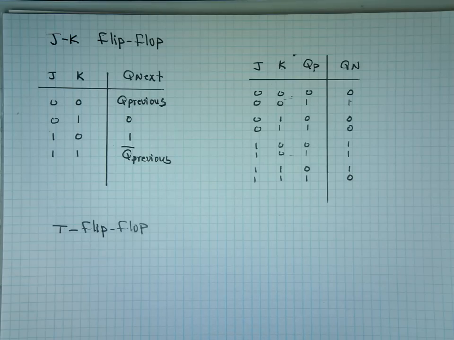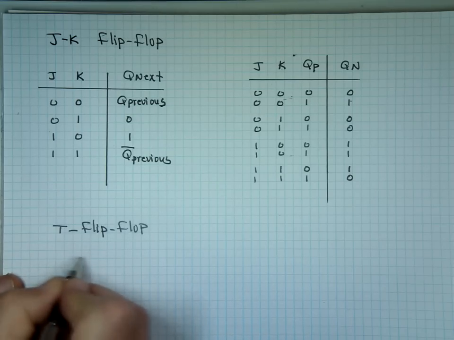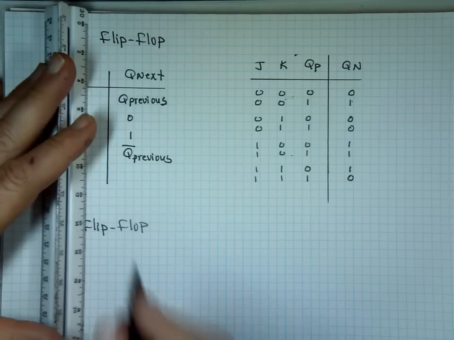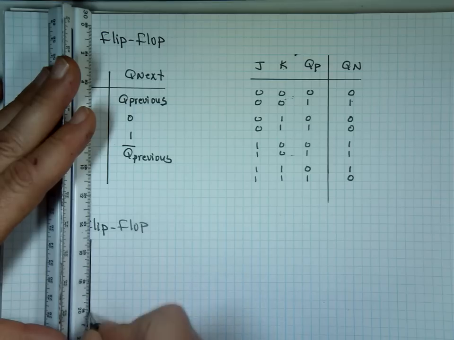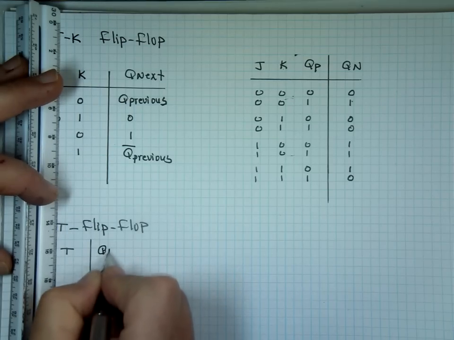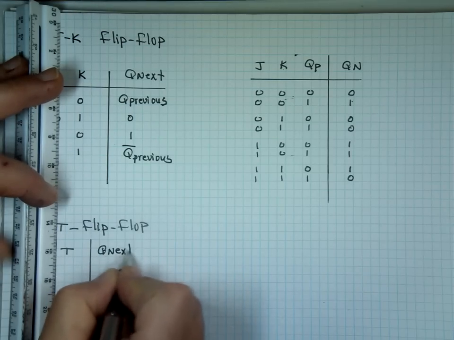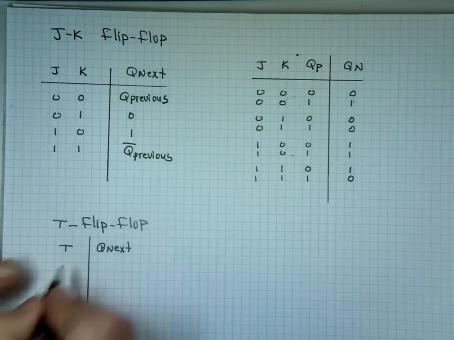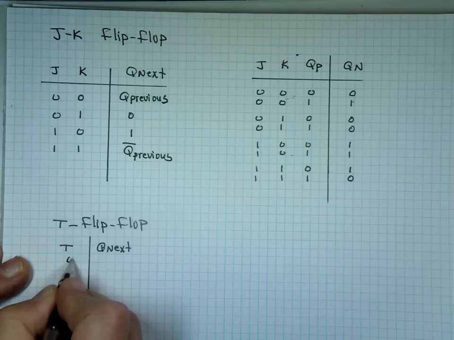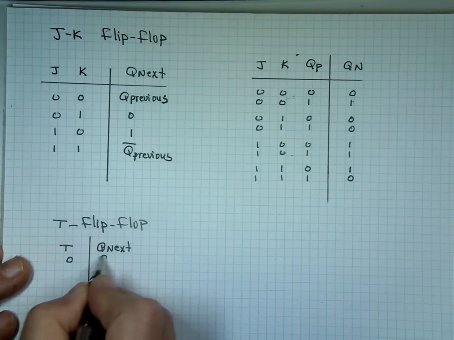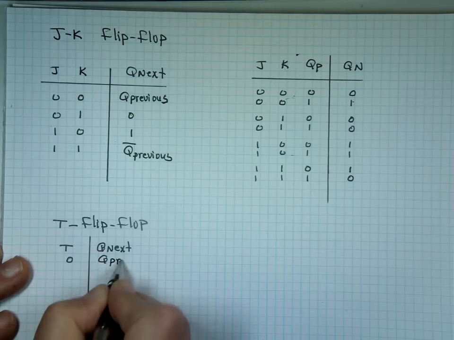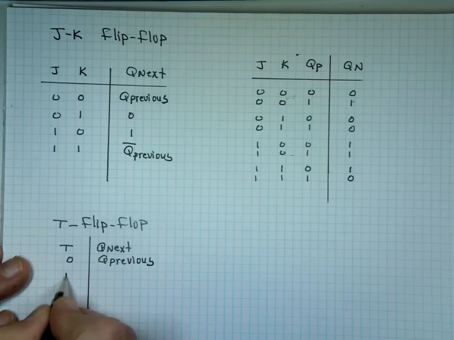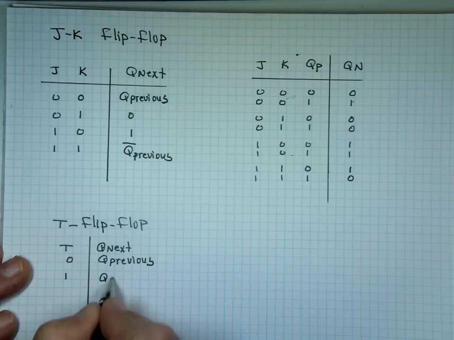T and Q next. This is a one input flip-flop. This has two inputs, JK, this has only one input. When T is 0, you leave everything the same. Q next is the same as the previous. When it's 1, guess what's going to happen? You're going to complement the previous state.